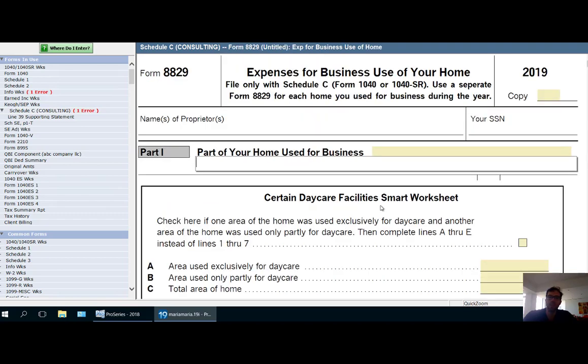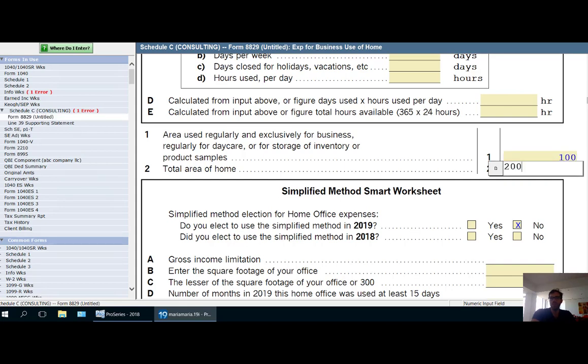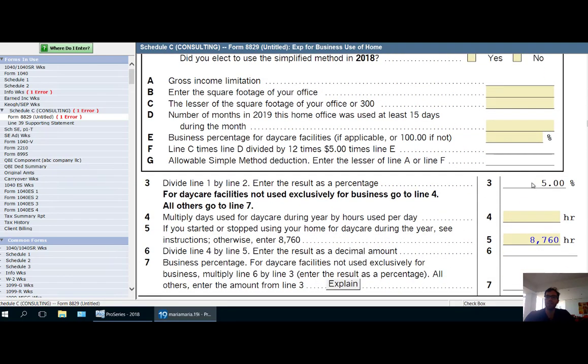Let's say she has a 100 square foot office and a 2,000 square foot house. That creates a 5% home office deduction.